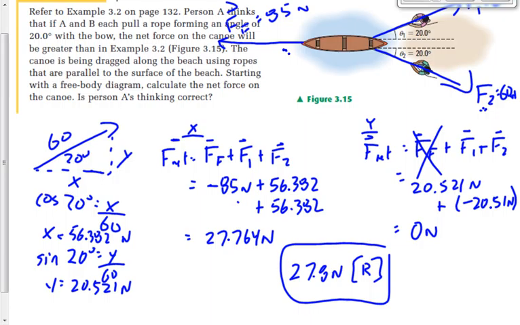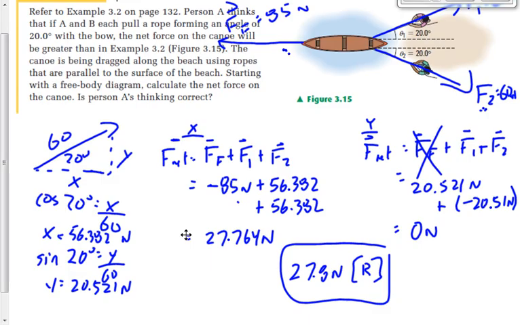These are not really new problems. They are and they aren't, right? These are really problems that we did last week with the net force is equal to the sum of the forces, combined with that vector analysis that we did in our last unit, where we found x and y components and analyzed it that way. Don't make it harder than it has to be. And whatever you do, don't just memorize what you see up on the board.